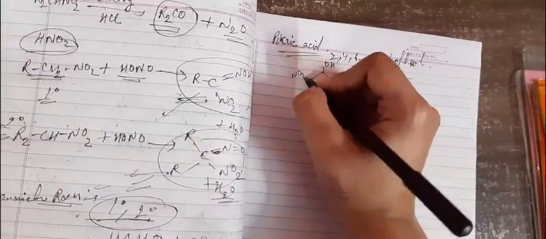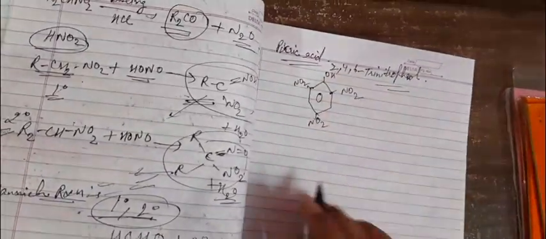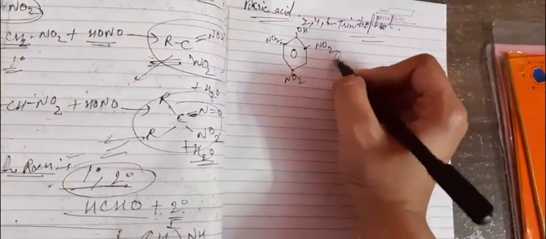First of all, we will start with the preparation of picric acid. The first method is from phenol.